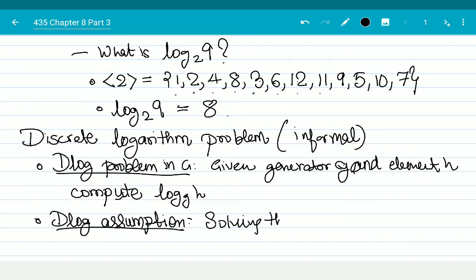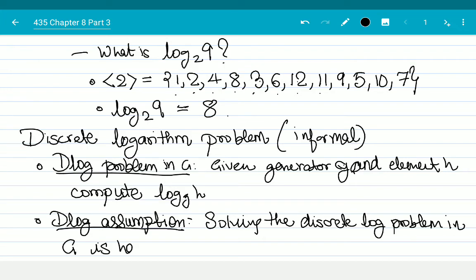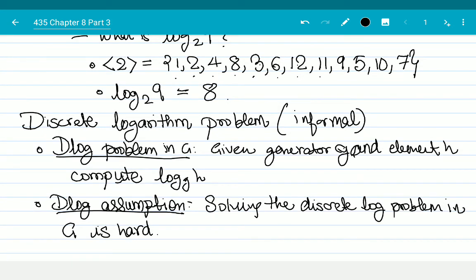Solving the discrete log problem in G is hard. Okay?